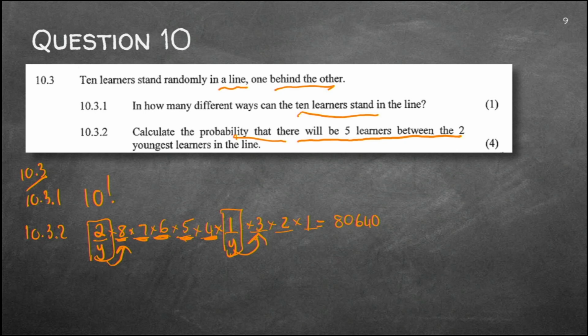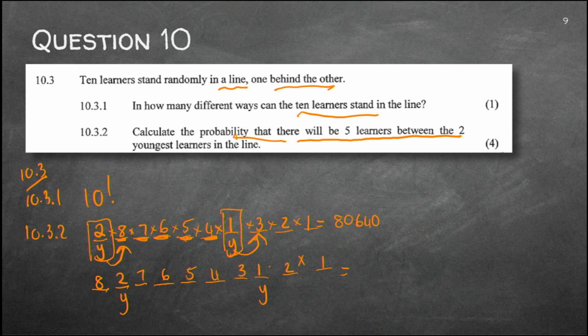So quickly look, if we do this again, 6, 7, 8, 9, 10, and we just move them one spot over, you'll get again a 2 and a 1. But then it's 8, 7, 6, 5, 4, 3, 2, 1.